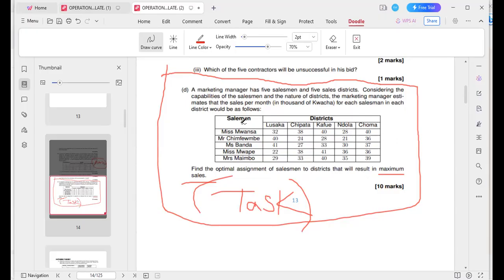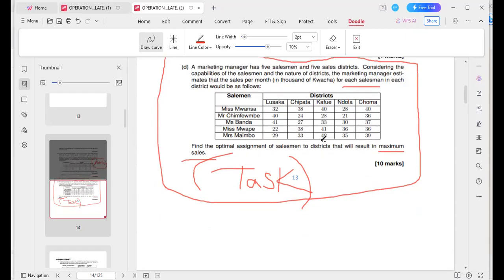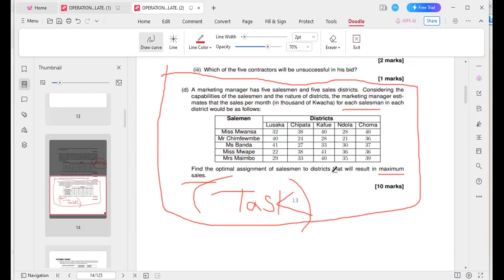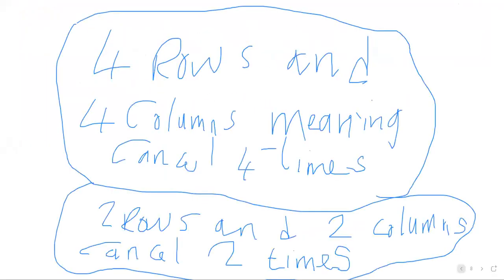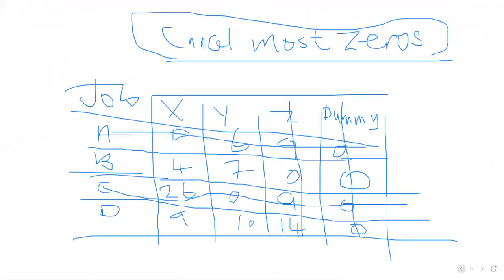How can you assign them? We need to discuss this because these are sales, we need to maximize them. This is how you tell whether it's a maximum or a minimum. What I've explained will be sufficient for assignment problems. This topic is not cumbersome, just go through it where I started from.